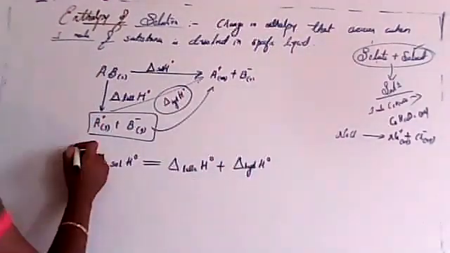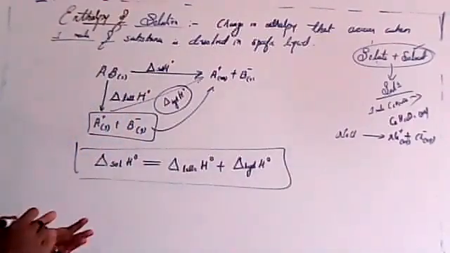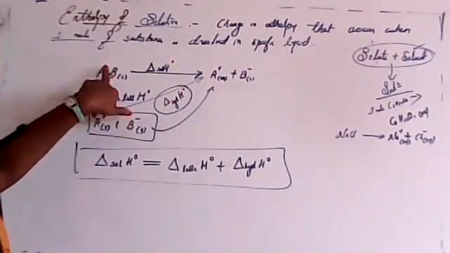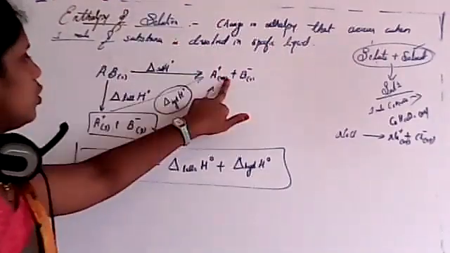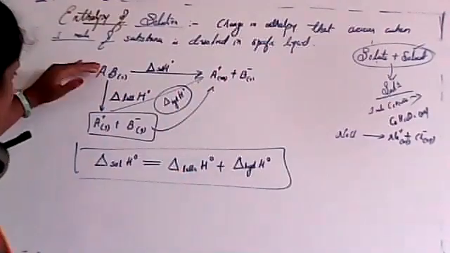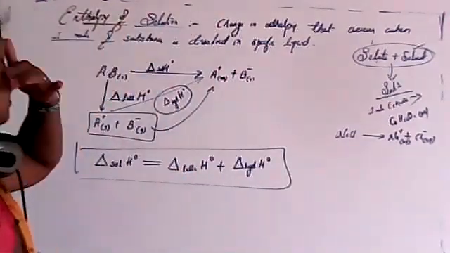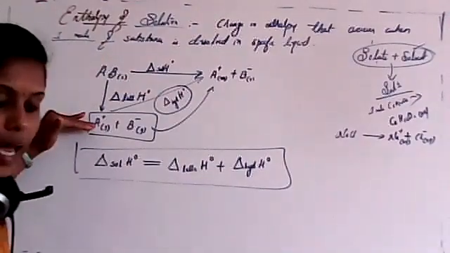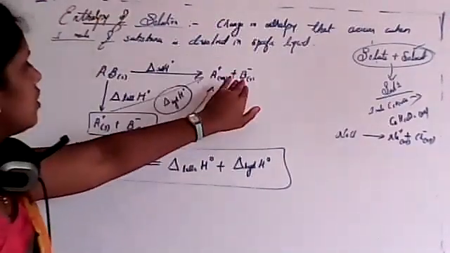Remember this one, students. This is a direct process, where directly we converted solid into electrolyte, that is aqueous ions. But in this case, it is a long route where we converted AB solid into gaseous ions, and after that into aqueous.